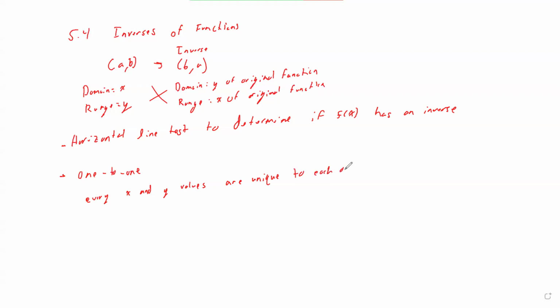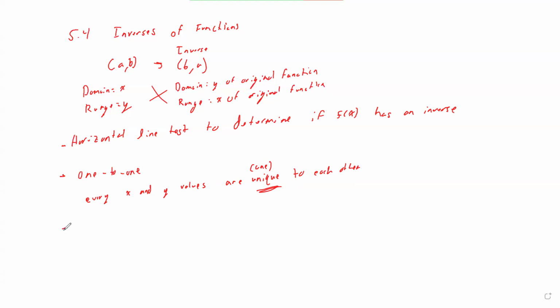I learned the other day that unique is not one of y'all's words that y'all just know. Unique means that there's only one answer, right? So unique is just meaning one. So for every y value, there's only one x value, and for every x, there's only one y value. So that would make something one-to-one, which will also let you know it has an inverse function, that both the function and its inverse are functions in themselves.